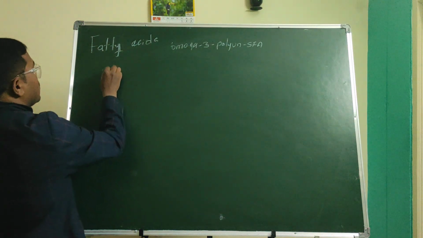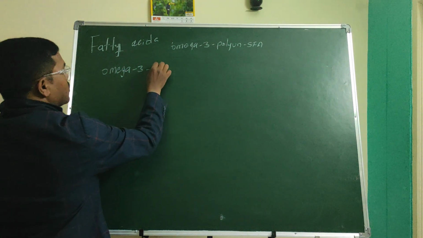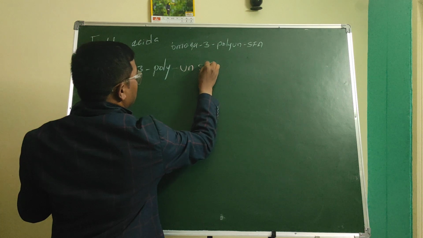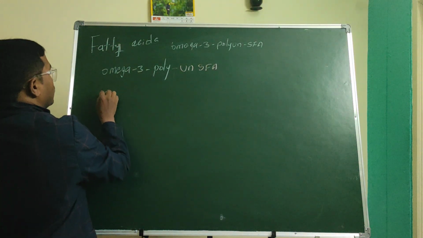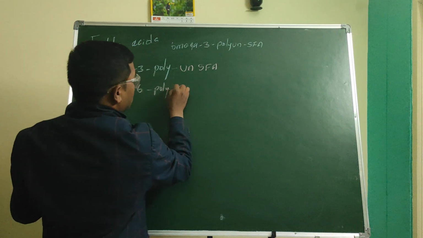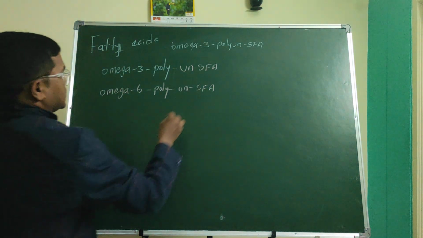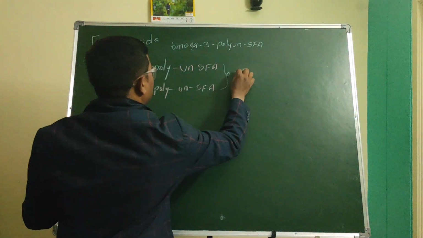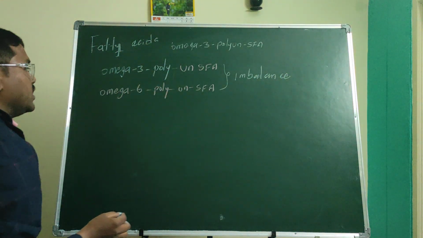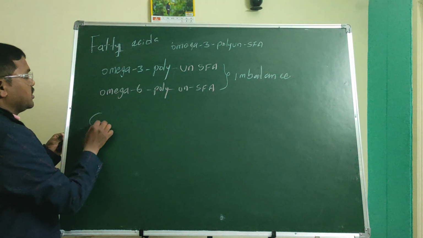An imbalance of omega 3 polyunsaturated fatty acids and omega 6 polyunsaturated fatty acids in dietary food leads to cardiovascular problems.